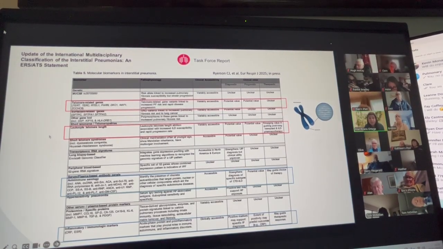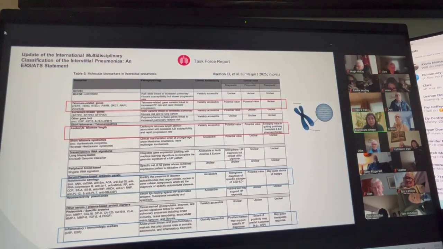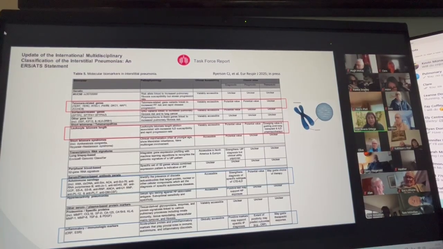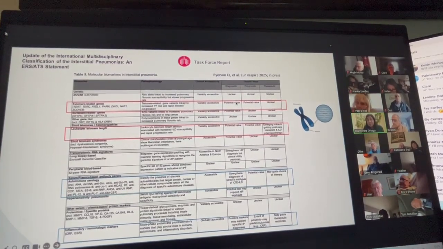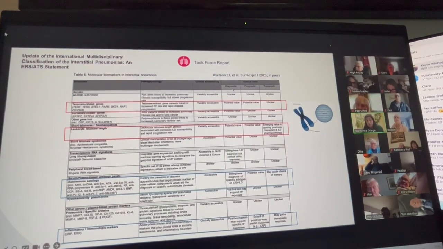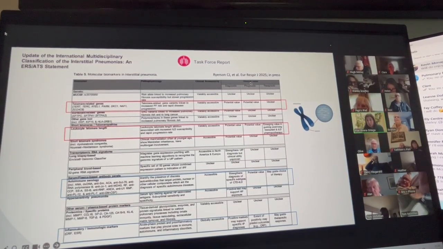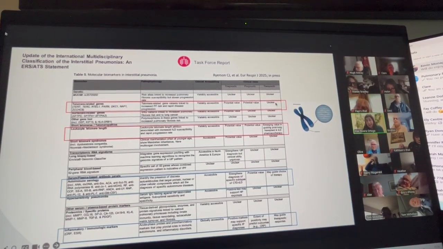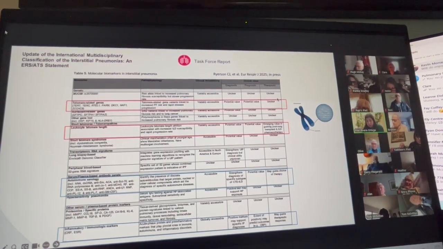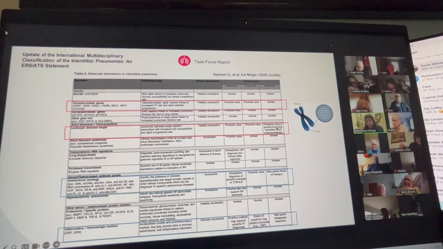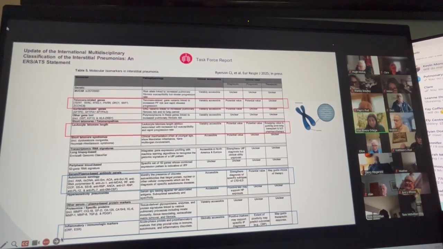Never in the previous classification did they mention genetic biomarkers. They now mention potential use for diagnosis, potential use for prognosis, and clear therapeutic use in the case of telomere-related genes, but emerging value in the case of telomere length.